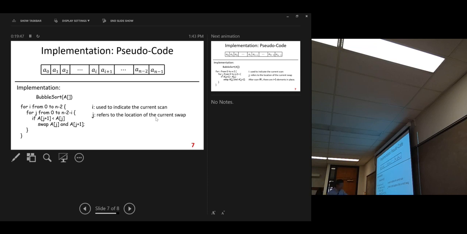If you do one more scan, it's redundant, because all elements are already in place. It's sorted. Don't do anything. So that's why we just stop, because we know the whole array is sorted. Very good.